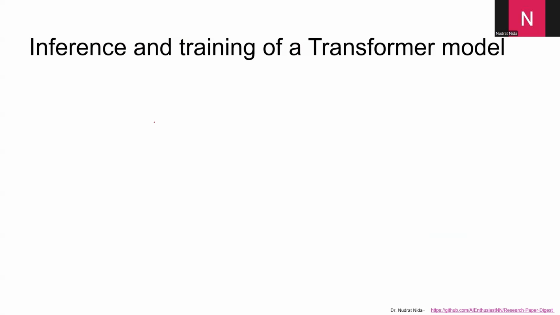So the encoder will feed the key and value pair to the decoder. The decoder will take these two matrices from the encoder part.